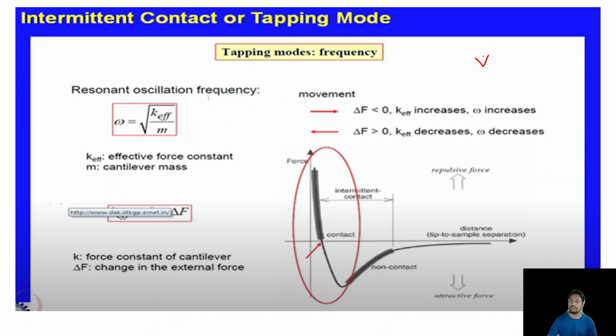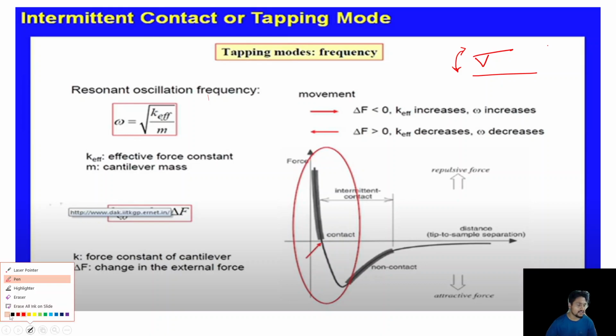In this case also, the tip is vibrating with this resonance frequency, but it is not so far that it never touches. But let's say this is the position, and due to the vibration, it is coming sometimes.